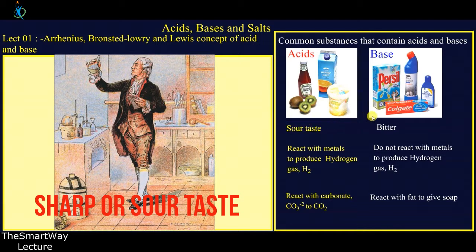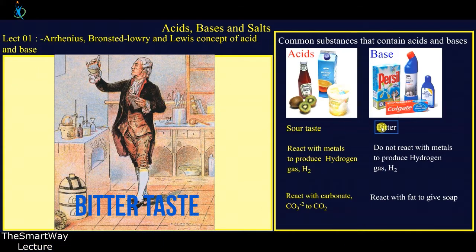The other group has a bitter taste. They called the sour substances acids and the bitter substances bases. So chemicals are generally categorized into two: acids and bases, based on the fact that acids have a sharp taste and bases have a bitter taste.